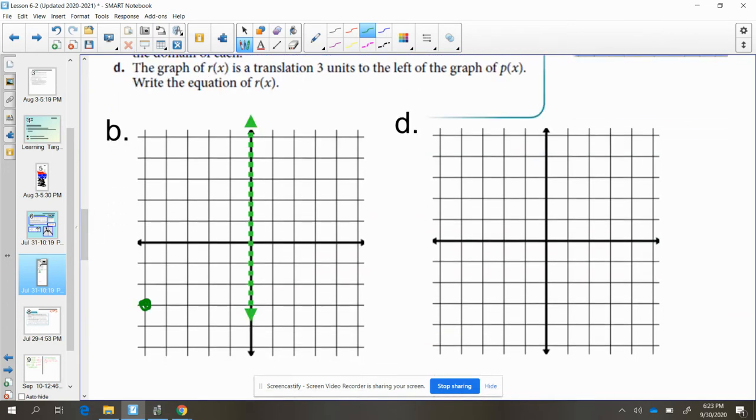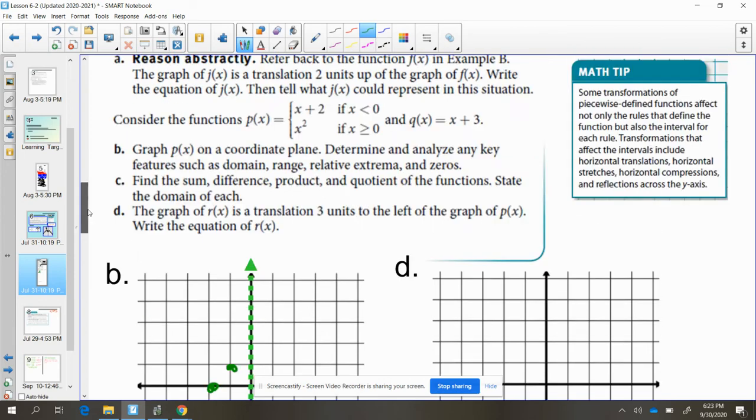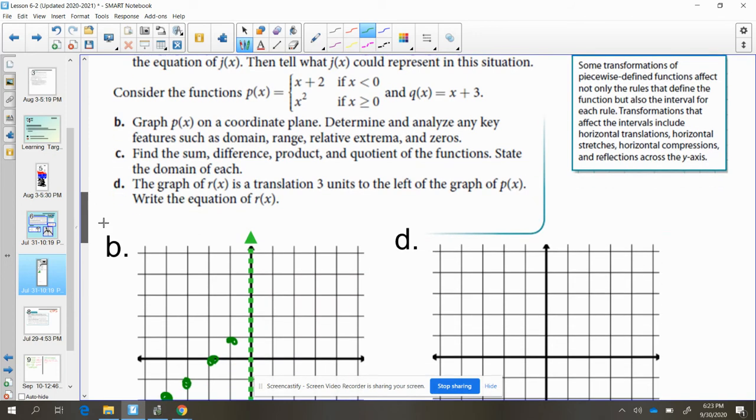Negative 4 plus 2 is negative 2. Negative 3 plus 2 is negative 1. Getting the idea here. And then careful at our turnover spot. We are not including this value at 0. So 0 plus 2 is going to be an open circle. And I can connect those.